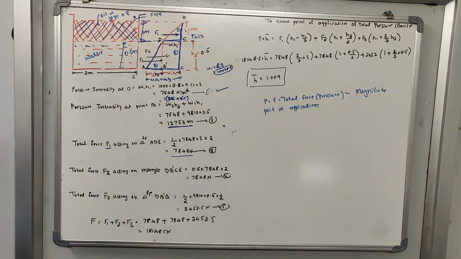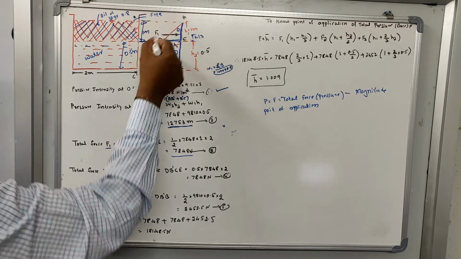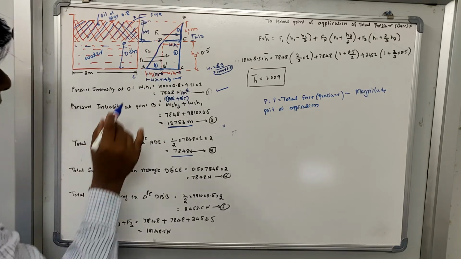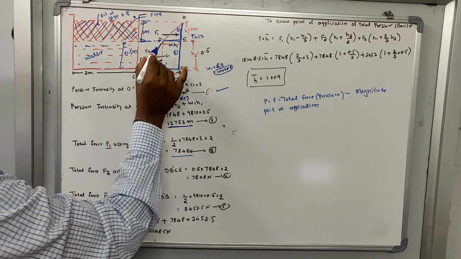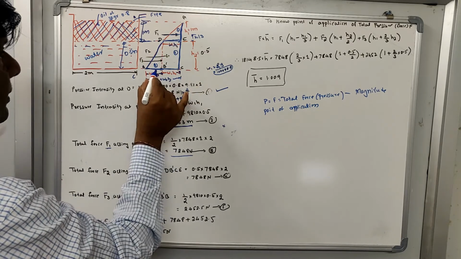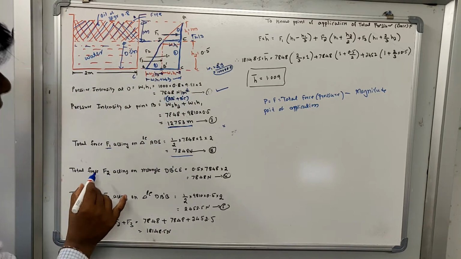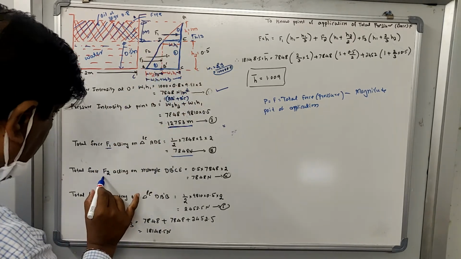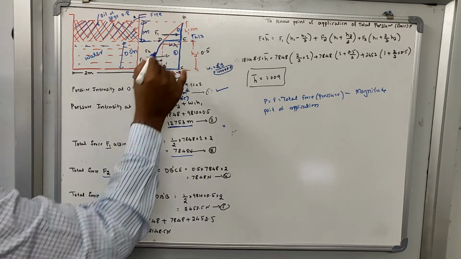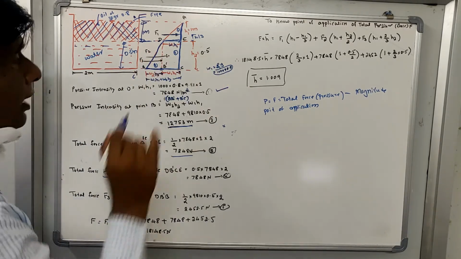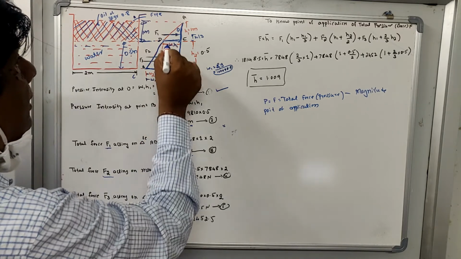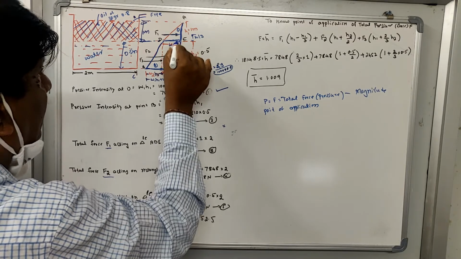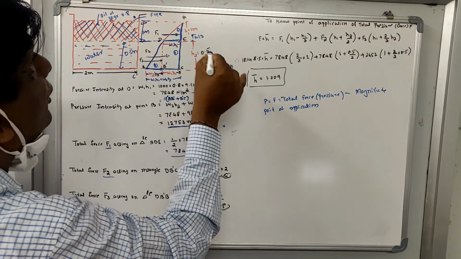So next, we have divided this entire diagram into 3 parts. For the second part, you take the second figure, that is the rectangle DECB dash. The force acting on the rectangle DECB dash is F2, and this is equal to the area of this rectangle multiplied by 2. The area of this rectangle is DE multiplied by EC, multiplied by 2.